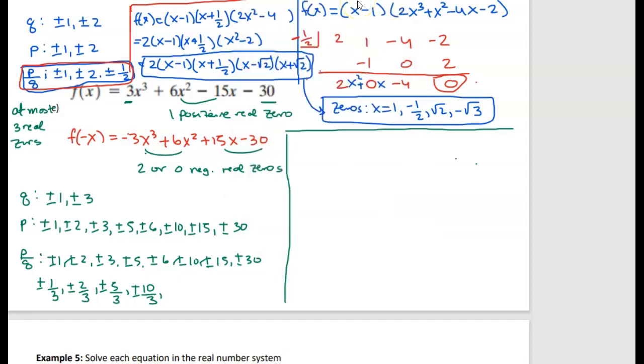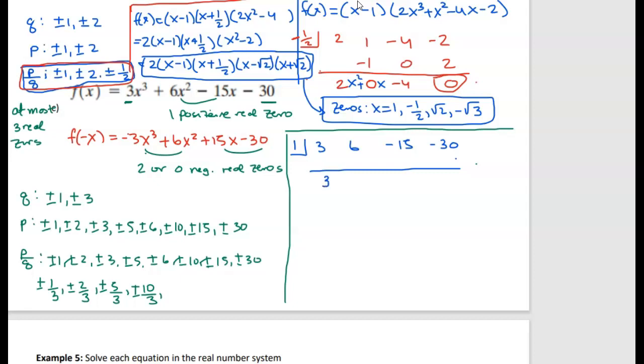Alright, let's start with 1. List the coefficients. So we have 3, 6, negative 15, negative 30. Alright. And like, you don't have to erase every time you do the division. I do because I left myself very little space.